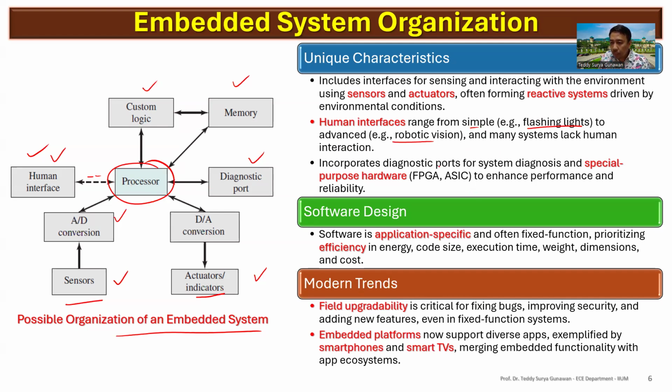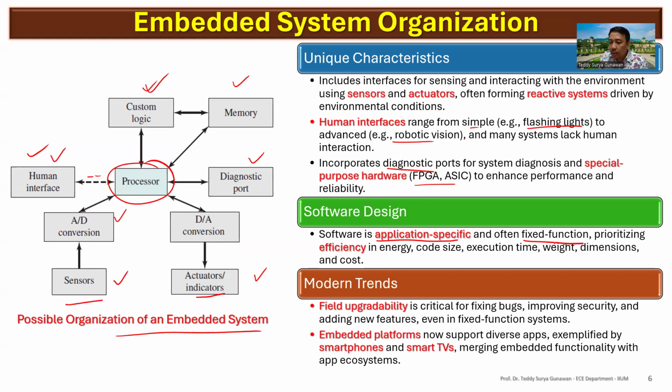It also incorporates a diagnosis port for system diagnosis and special purpose hardware, like FPGA, the custom logic, to enhance performance and reliability. The software is application specific, often with fixed function.